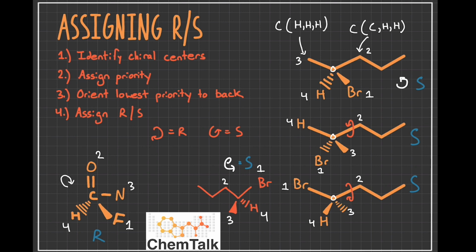For instance, here, if we assign R and S with H in the front, we know that it's the opposite of what we get when looking at the molecule from the back. So, here, we can assign R and S, and we get R, but we flip it because H is in the front. So our final answer will be S, which again matches what we got the first two times.